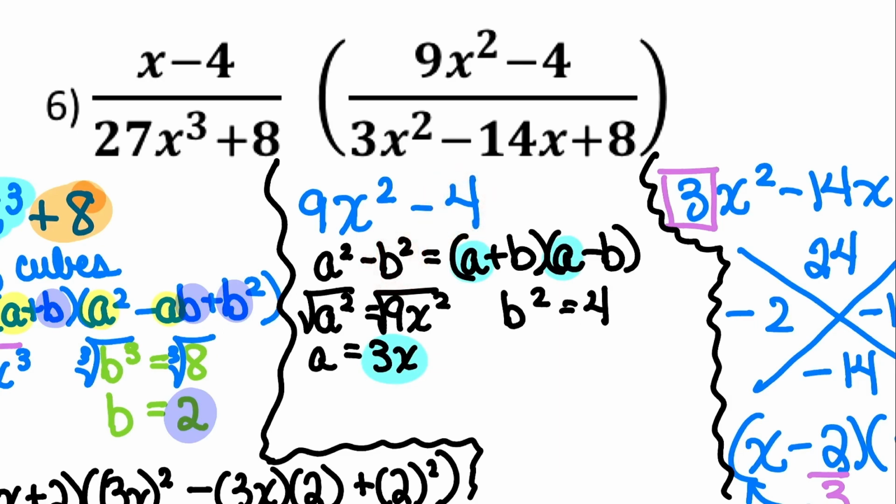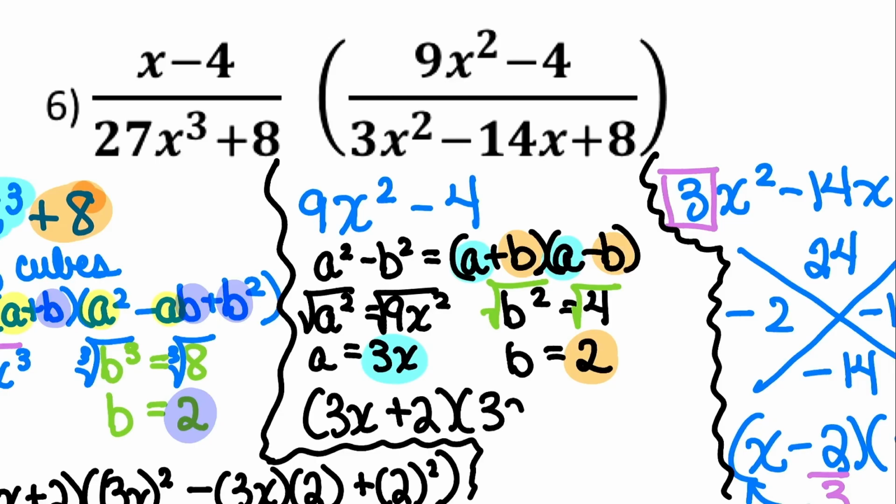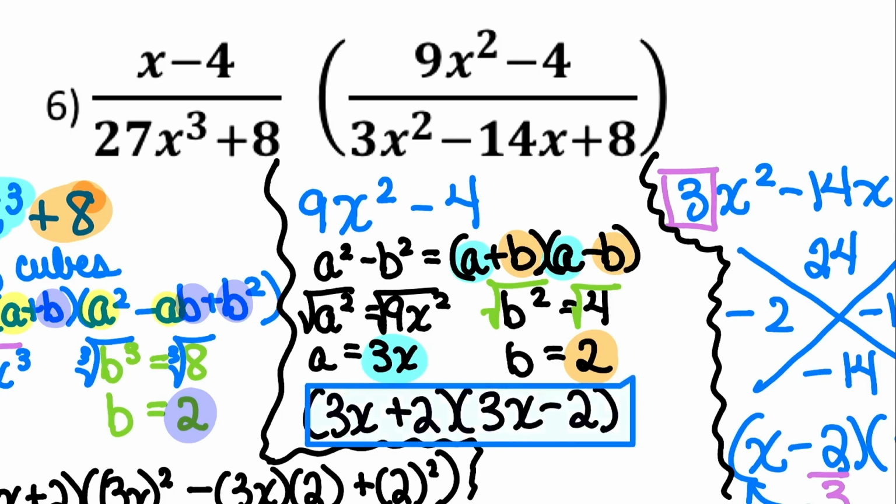In order to solve for b, we're just going to take the square root of both sides, and that means that b is going to be equal to 2. We can replace every b in our equation with a 2. So this is going to be 3x plus 2 and 3x minus 2. This is going to be what we're going to replace our difference of squares with in our regular equation.